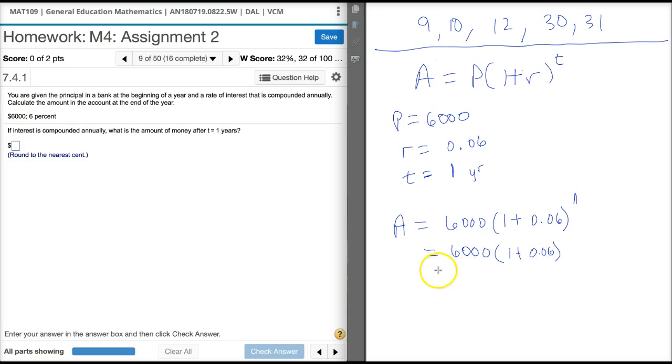And 1 plus 0.06 is just 1.06. If we multiply that together, that's just 6% more than 6,000, and we will get $6,360. And so this is what this amount should be.